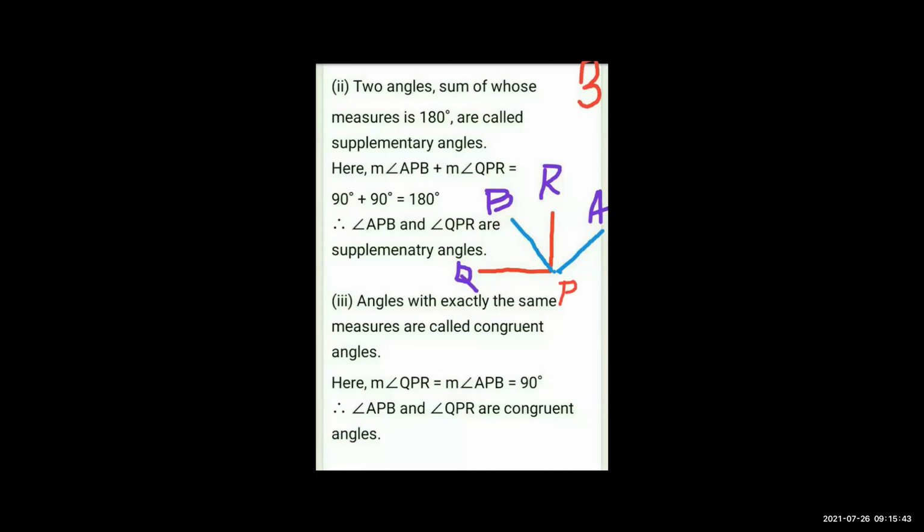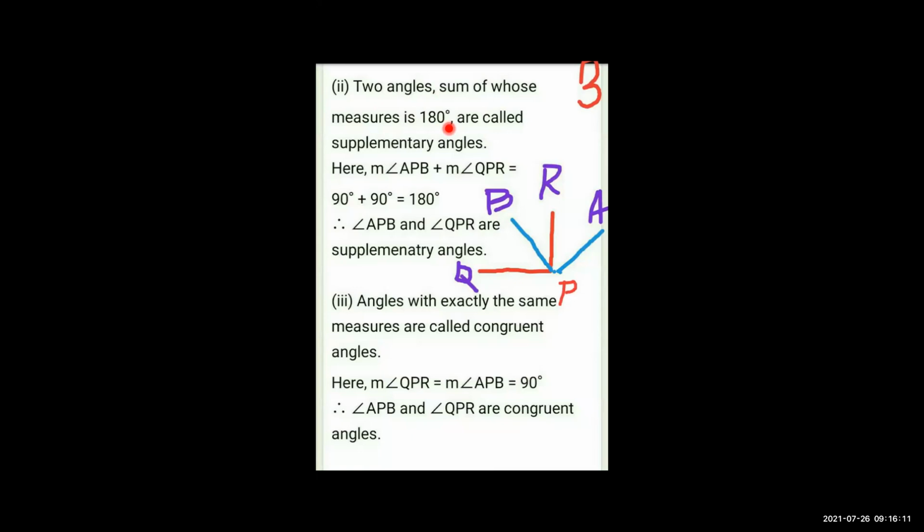Now here you can see the pair of supplementary angles. That was the diagram. Here, two angles, the sum of whose measures is 180 degrees. We all know supplementary angles together measure 180 degrees.